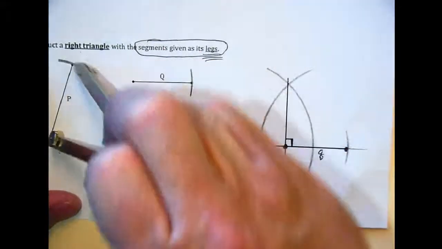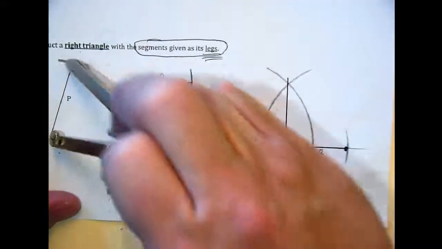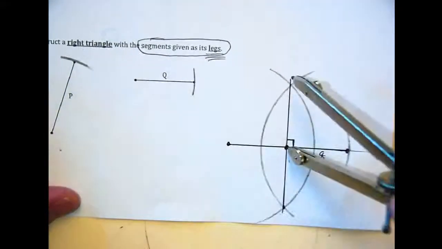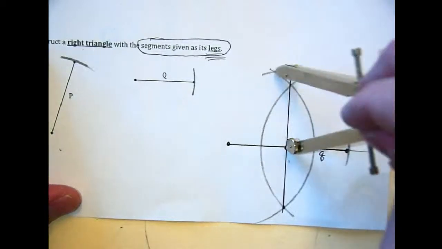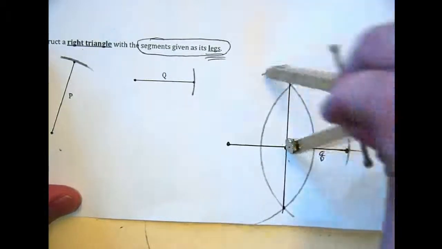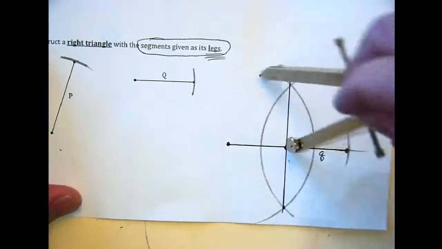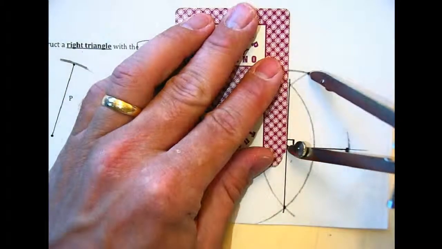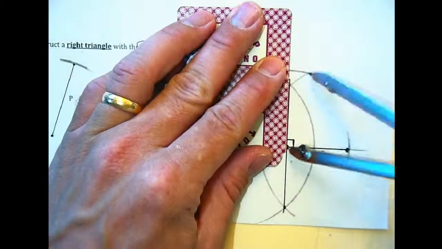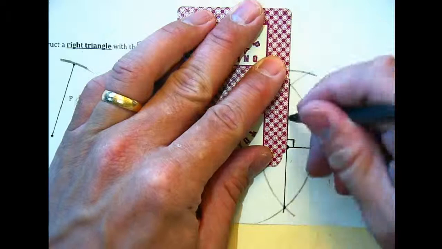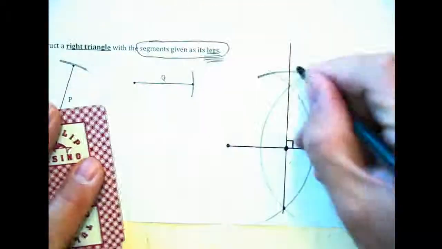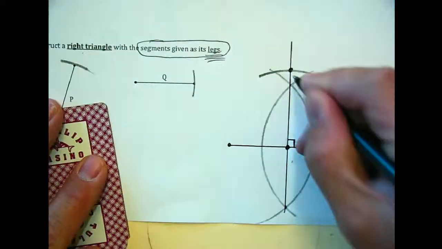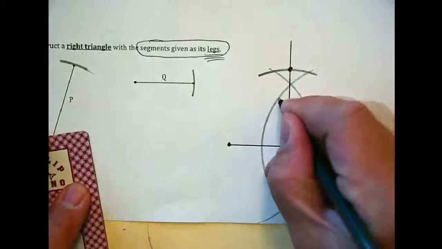That is going to be length P, and I need to measure that way out here. Now notice mine doesn't hit that line. I'm going to have to extend that line out so it hits that arc. I'd put my card on there and extend that line out so it goes through that arc. Where it hits that arc, this length is length P.